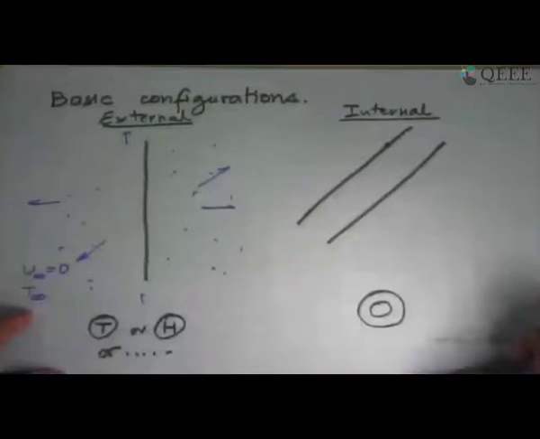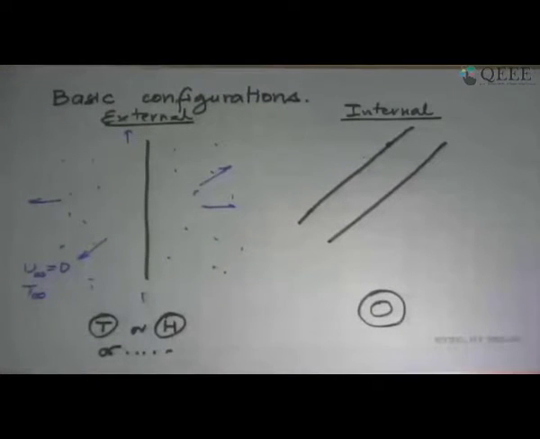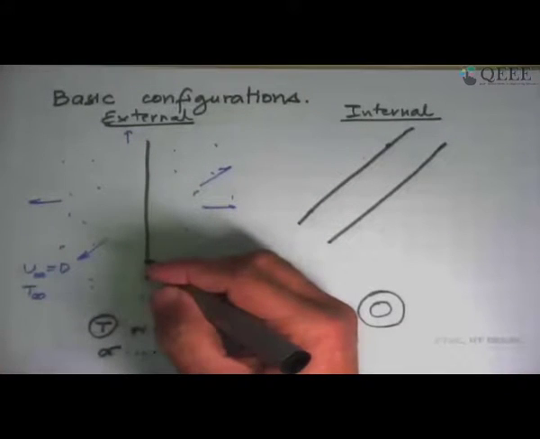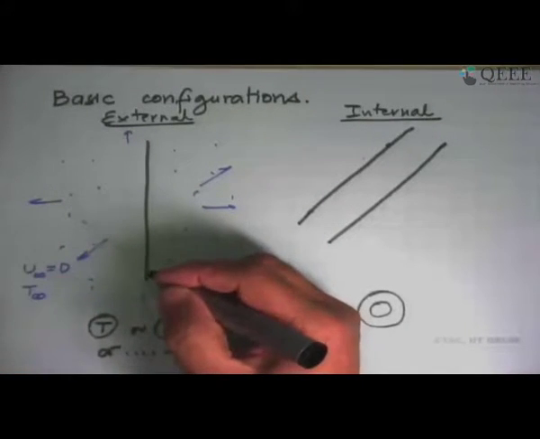Okay, so we have, as before, two basic configurations which I had introduced right in the beginning. And these are both, this particular one where you have a plate which could be either hotter than the surrounding fluid or colder than the surrounding fluid.